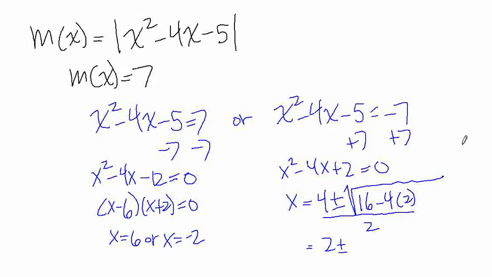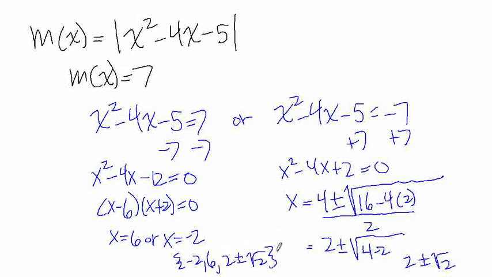That's the same as dividing the whole square root by 2, and that gives me the square root of 4 minus 2. So that gives 2 plus or minus root 2. So for the set of all the answers, we have minus 2, 6, and 2 plus or minus root 2. Okay?